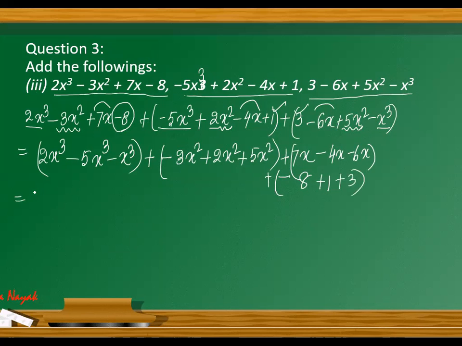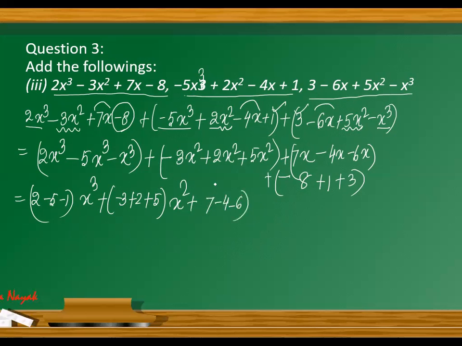So go on doing: 2 minus 5 minus 1 x cube, plus negative 3 plus 2 plus 5 x square, then 7 minus 4 minus 6 x. Here it will be how much? Minus 8 plus 1 plus 3.